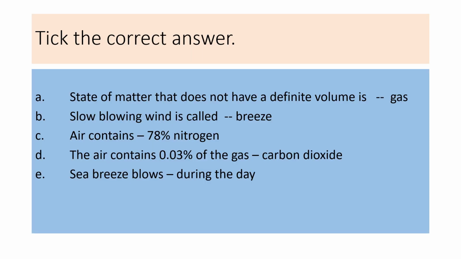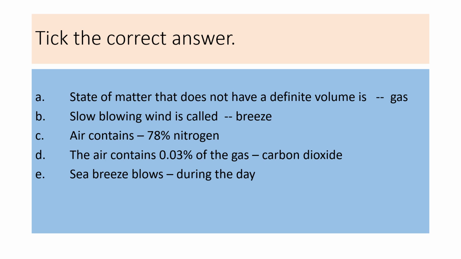Now let's move towards the exercises. Take the correct answer. A. State of matter that does not have a definite shape is? The answer is gas.